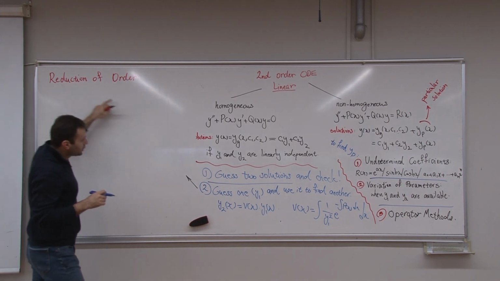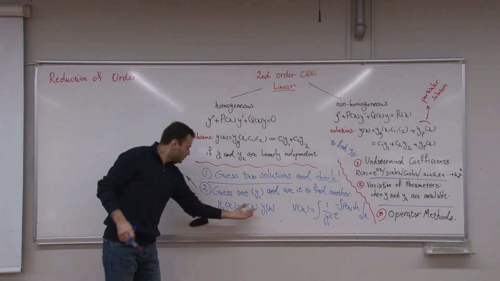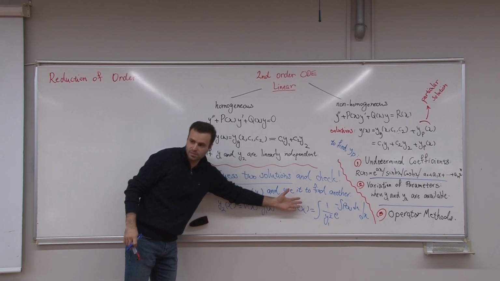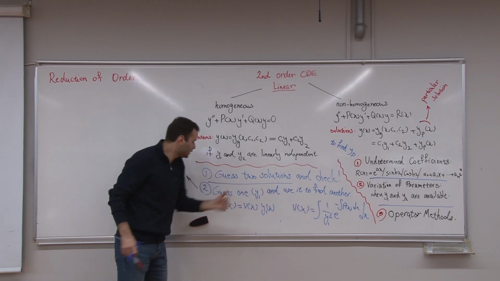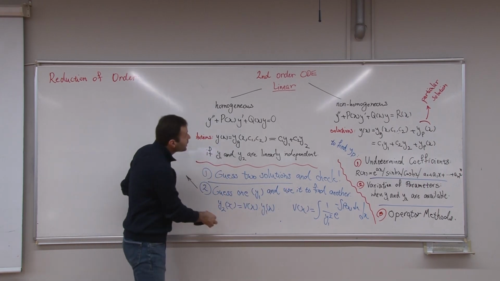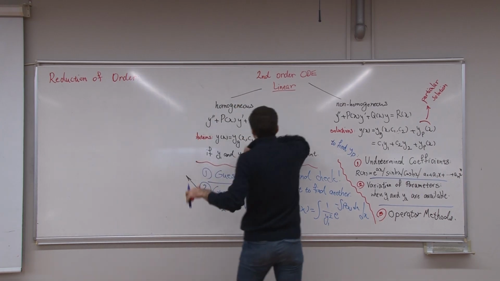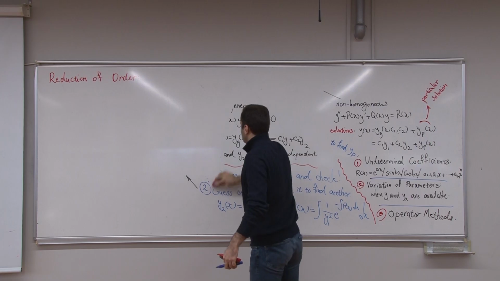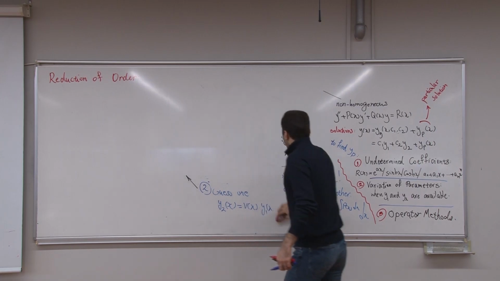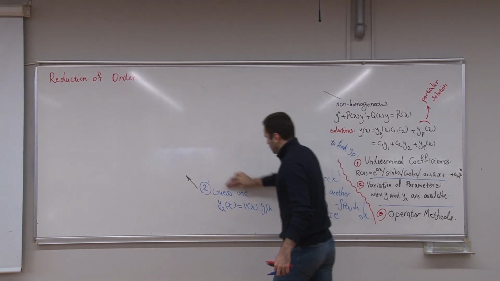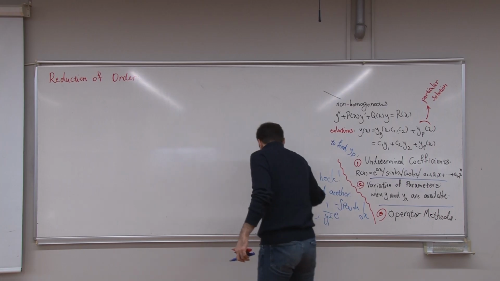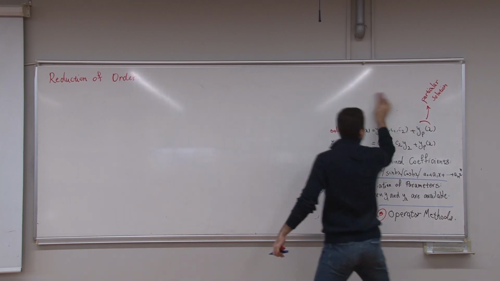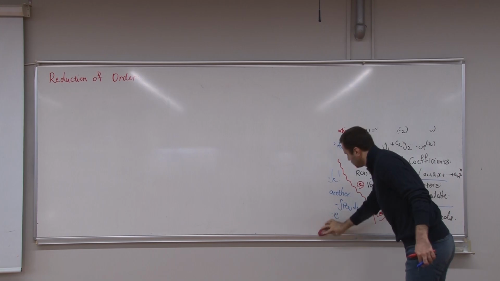When we are talking about reduction of order, which is something similar to this but not totally, we are talking about reducing our differential equation to a non-differential equation. How does this happen? In two cases.